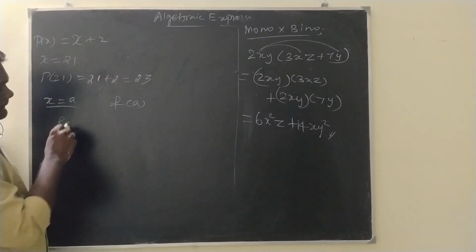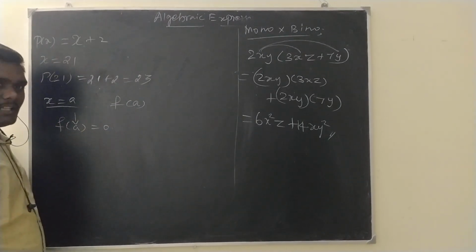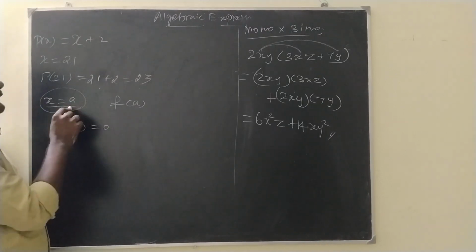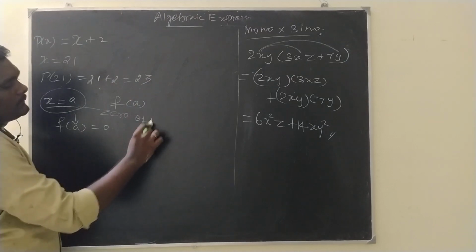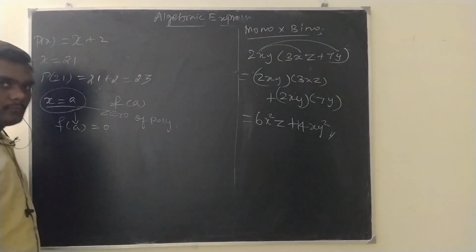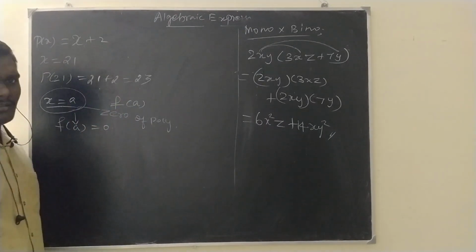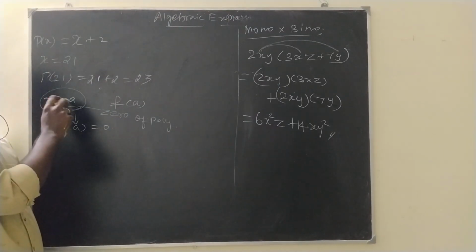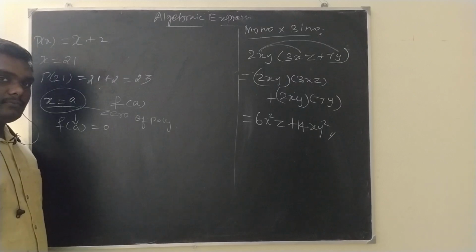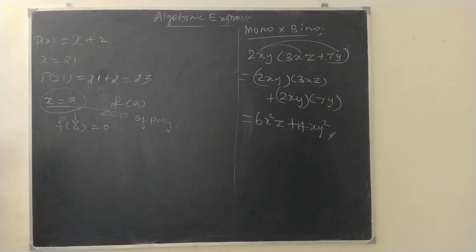Suppose this f of a is 0. Then the applied value, x is equal to a, is called a zero of the polynomial. If it is not 0, you just simply write f of a. That's all. It's a value of a polynomial at the point. If that becomes 0, the substituted value becomes a zero of a polynomial. We call it a zero of a polynomial. Next, division.